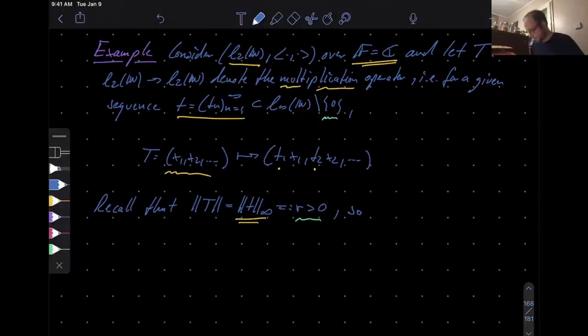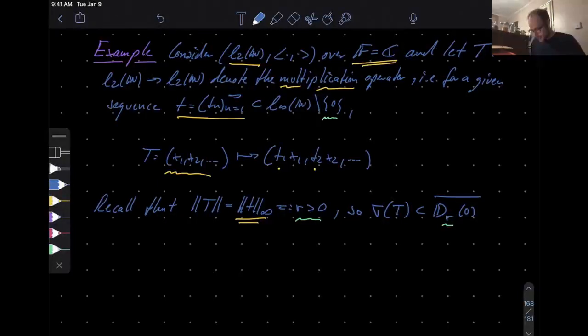So the spectrum will be sitting inside a closed disk of radius small r, which is the L infinity norm. And you see why r should not be equal to 0, because then you would be done with this example, as the spectrum would just be the origin. It cannot be empty, because we had a result that over a complex Banach space, the spectrum is non-empty. All right, good.